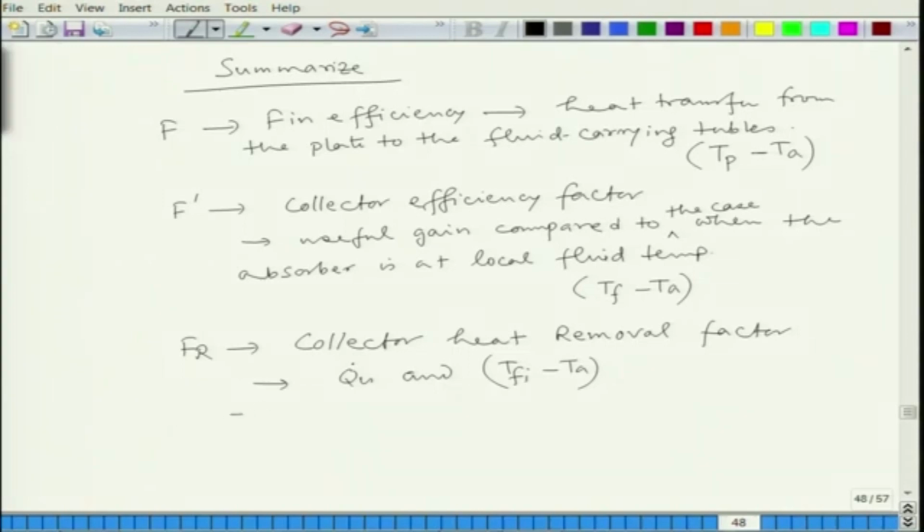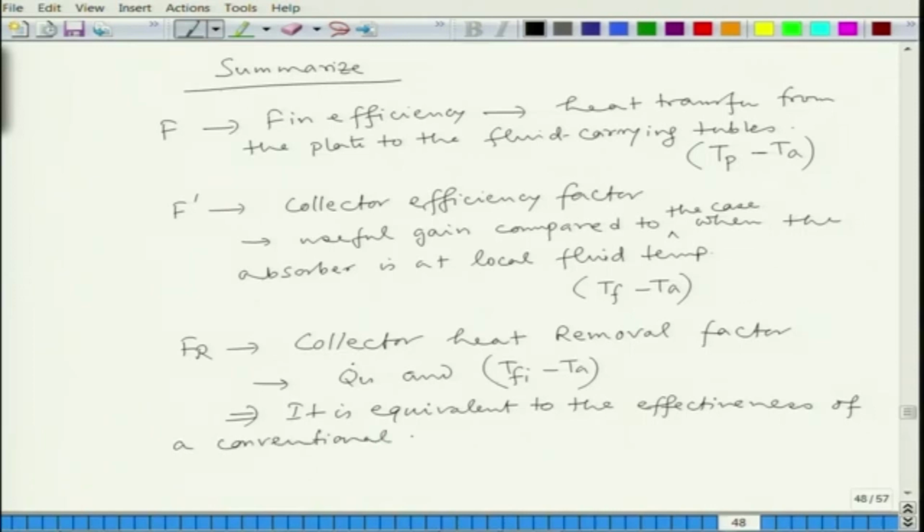So, what I was trying to tell you earlier, that it is equivalent to the effectiveness of a conventional heat exchanger. Okay.